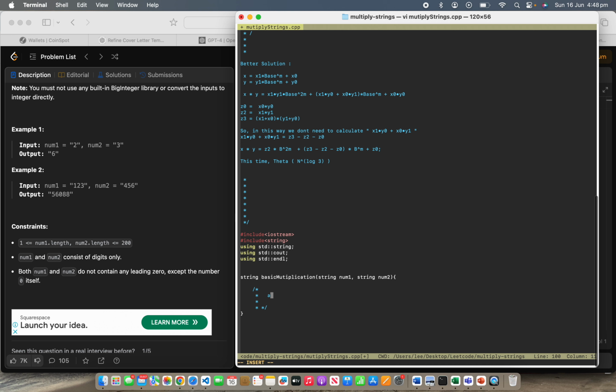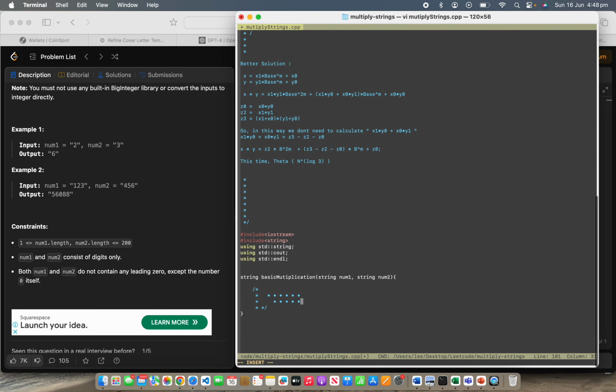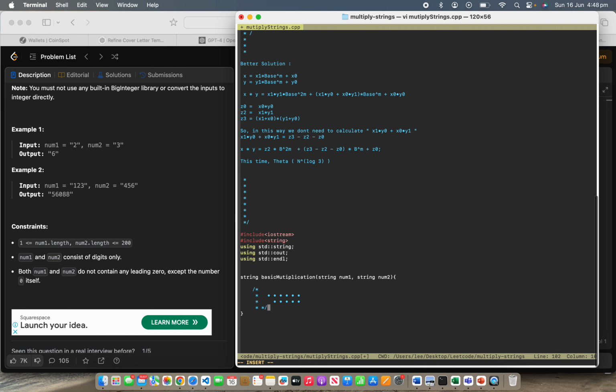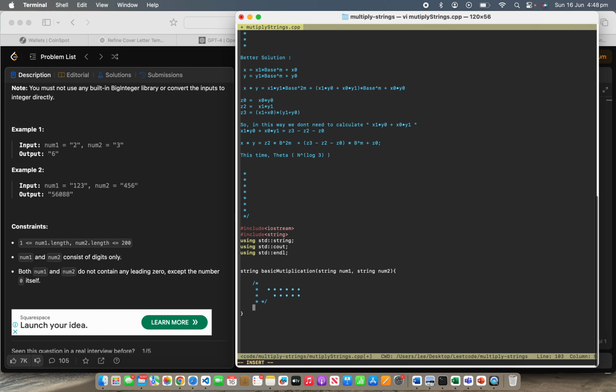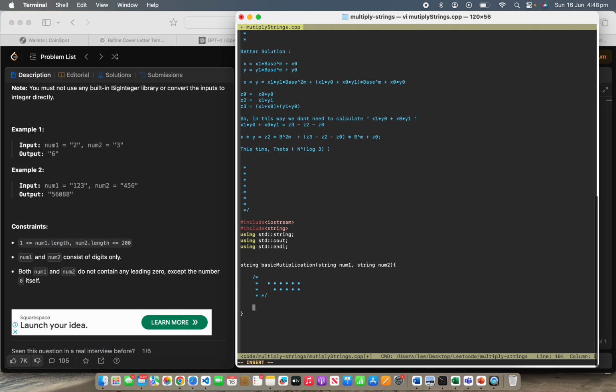A1, just digit, and we have digit here. Okay, so first we need to get the length of those. Number 1 length is equal to number 1 dot size.